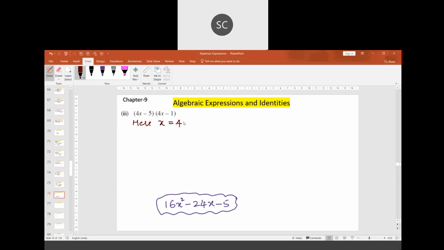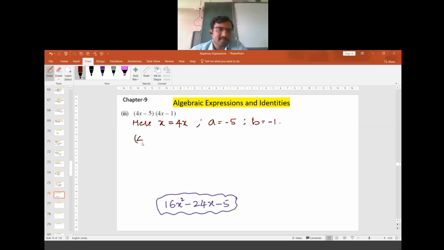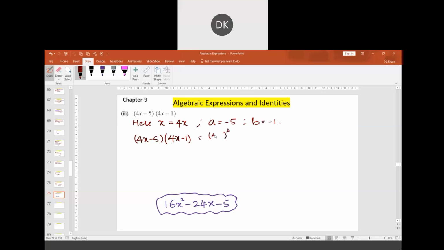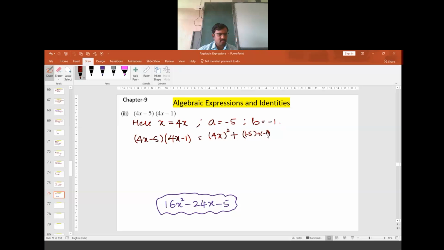Here the x value is 4x, a value is minus 5, b value is minus 1. If you are using the identity, 4x minus 5 into 4x minus 1 will be equal to 4x whole square plus a plus b, which is minus 5 added to minus 1, into 4x, plus ab value, minus 5 multiplied by minus 1.